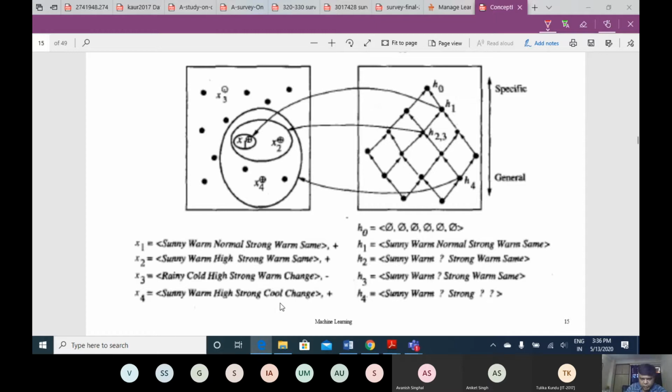Cool, warm: so for cool we have found another positive instance for which water cool is acceptable. Okay, so we change this symbol to question mark. That means we allow everything, we don't allow only warm to be true for this to be acceptable, it can be anything. And then the change is also allowed in forecast.